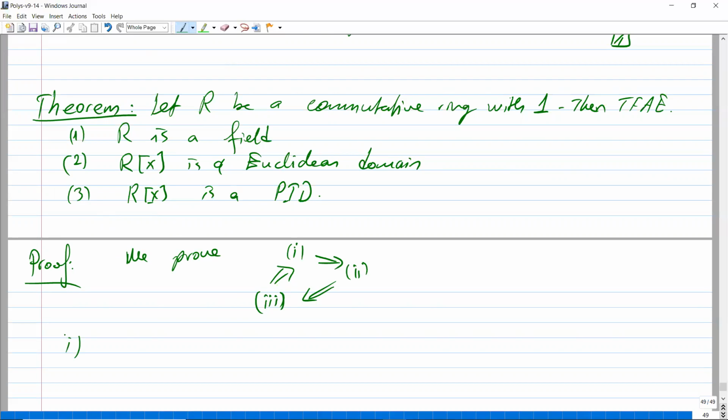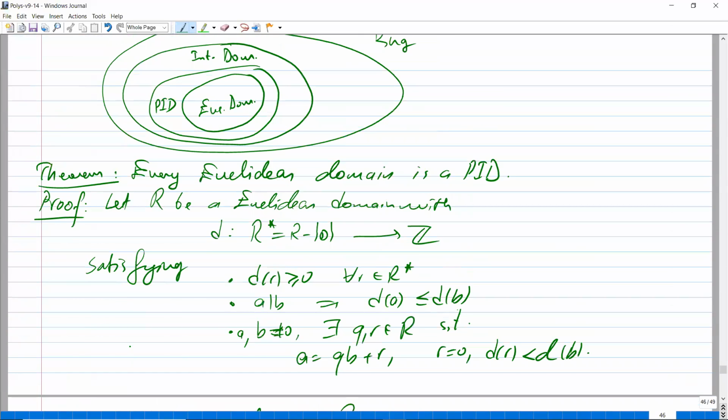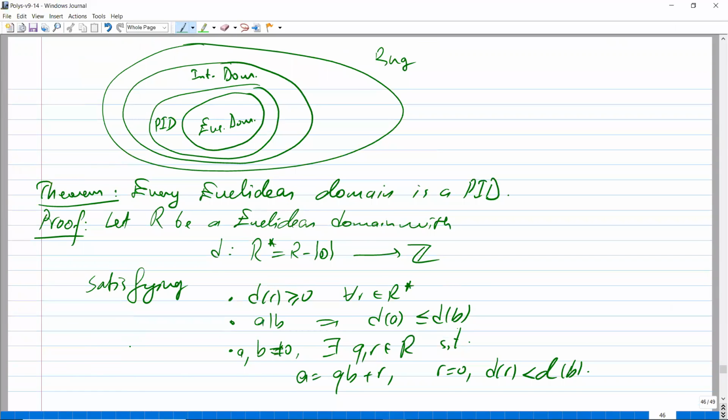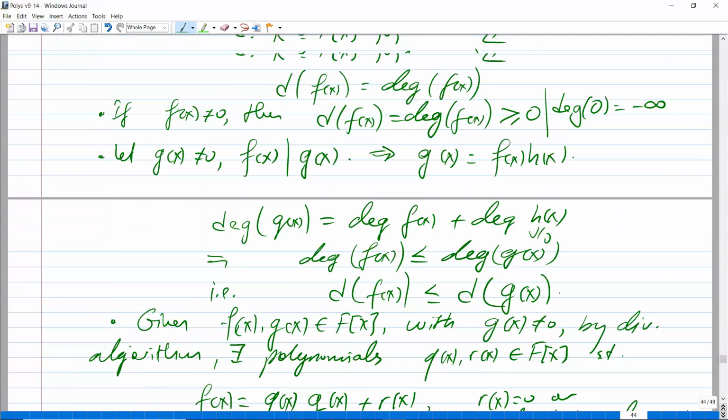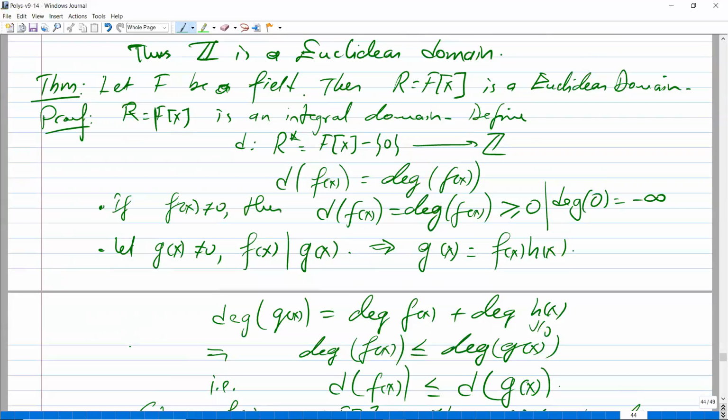So 1 implies 2: as we proved before, if we have a field, then R[X] is a Euclidean domain. Previous theorem, let's see, where is it? This one: if F is a field, then F[X] is a Euclidean domain.